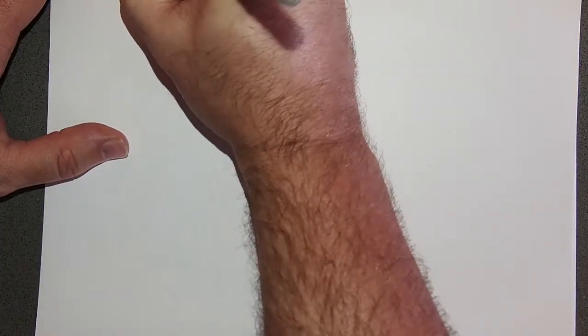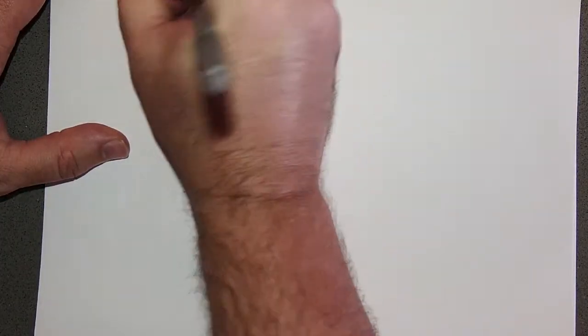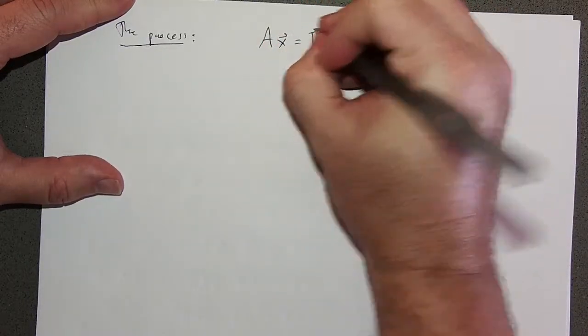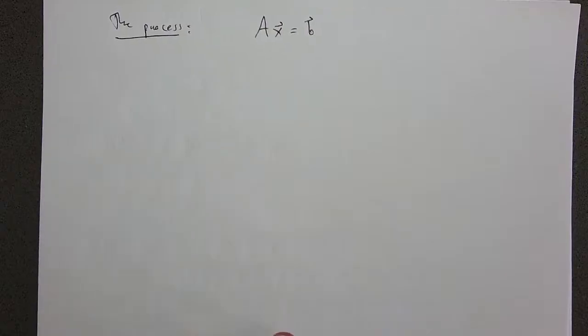So that is exactly what I'm going to do. And so the process, we have Ax equals b. Now you might say, what if I have an equation like this and it actually has a solution? Well, if it has a solution, then that solution will be the least squares solution.